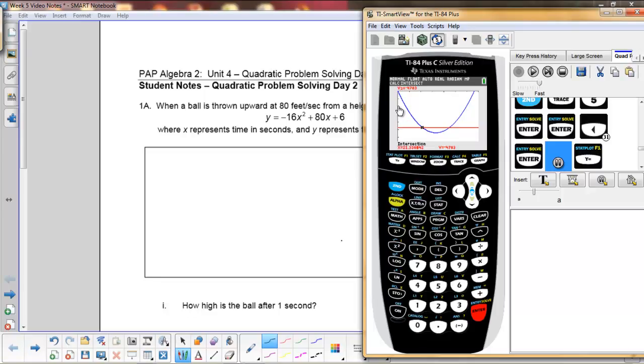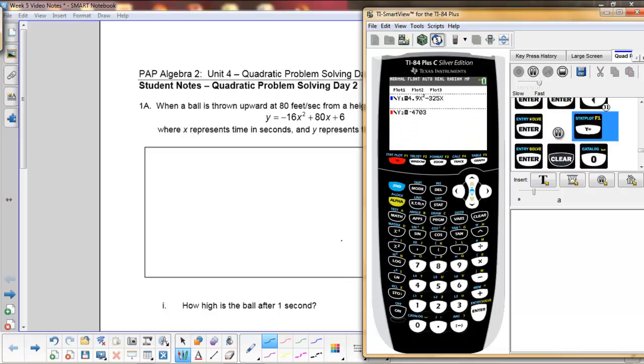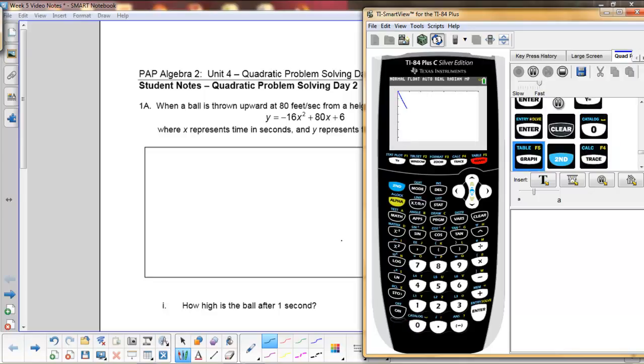All right, and then you set your domain and range from that. Very simple, very straightforward. It would be 0 to this time right here, and 0 to this depth right here. So we're going to go ahead and go back through that one more time so you can see it. I'm going to change this back to 0. Once I graph it, you'll be able to see on my screen how the red line shows up on the x-axis.